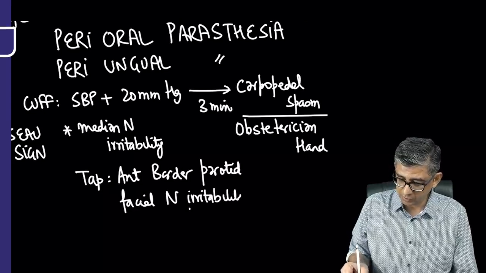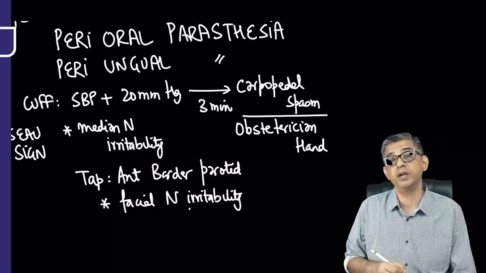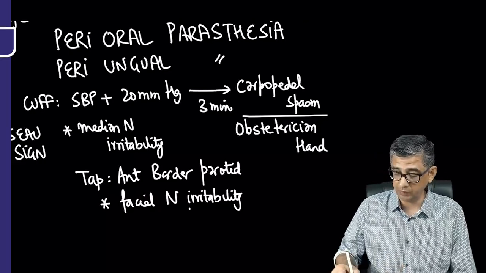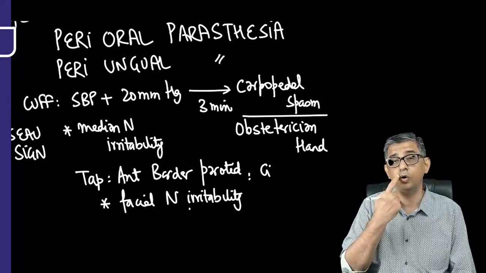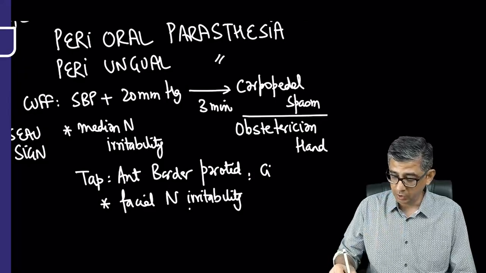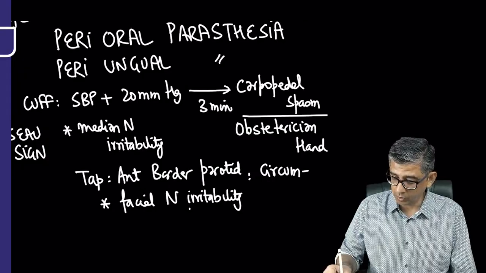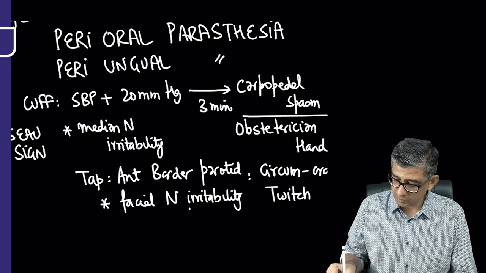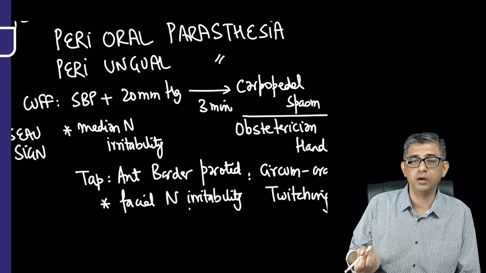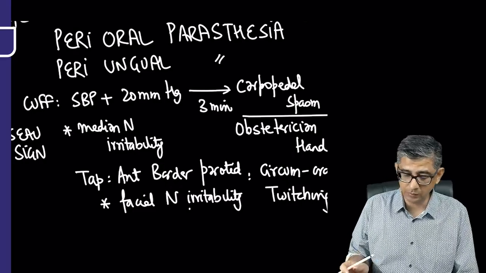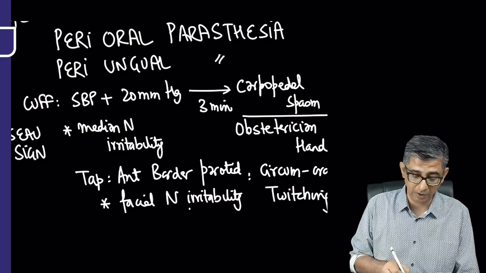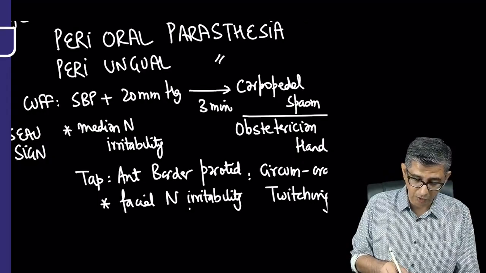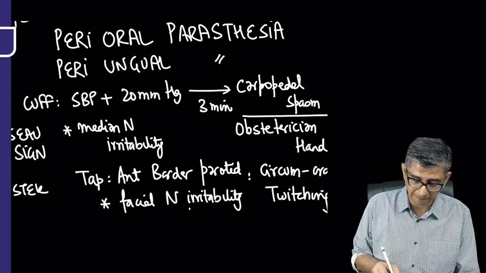But in this person, you will elicit facial nerve irritability, which will cause twitching of muscles around the lips. You would get circumoral twitching. These two terms I've said here, circumoral twitching and carpopedal spasm, the signs which are very classical ones to be remembered here are Trousseau's sign and Chvostek's sign.